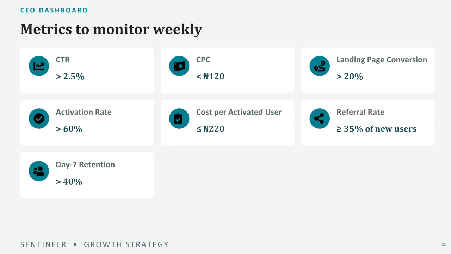That shows that we have at least an active user base of greater than 35% users. And 7-day retention, meaning after 7 days, those that are active still use the app, should be greater than 40% for us to know that we truly have a product that the market has been searching for, which makes them keep using it every day, every week.